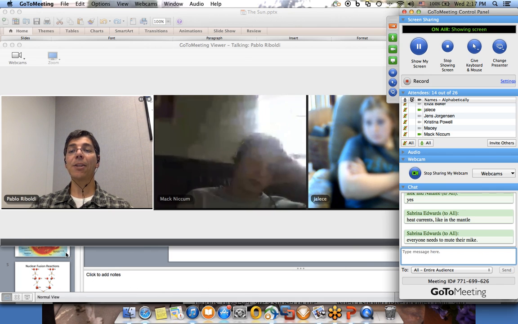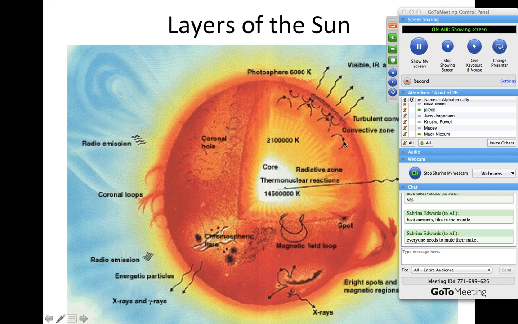In the sun, all this material is plasma, which again is ionized gases. And the density of this area, if I remember correctly, is less dense than the atmosphere. So it's less dense than the air that we have.